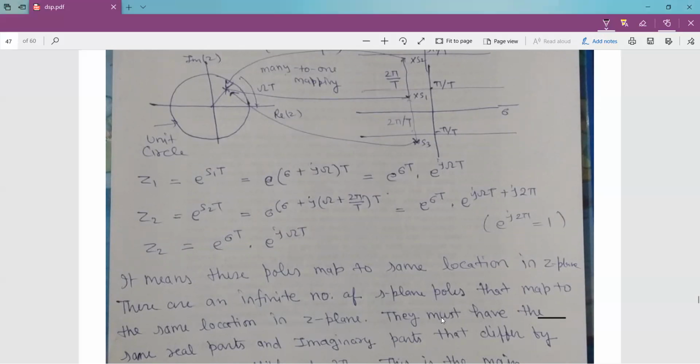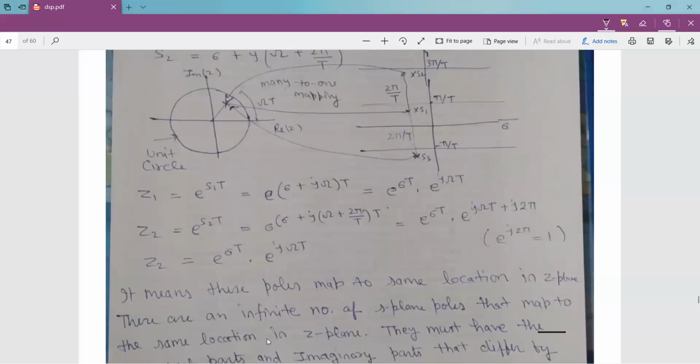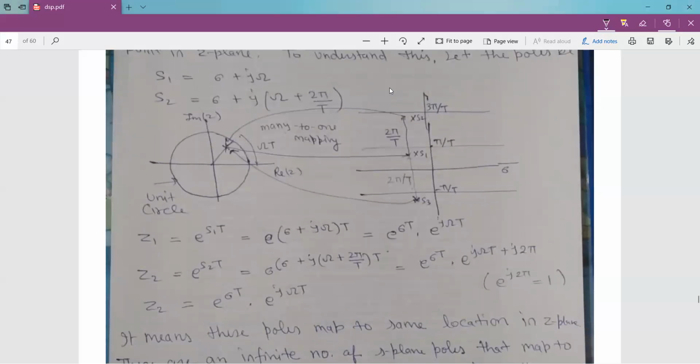They must have the same real part and imaginary parts that differ by some integer multiple of 2 pi by T. All the poles separated at intervals of 2 pi by T and its integer multiples will lie on the same point on the Z plane.